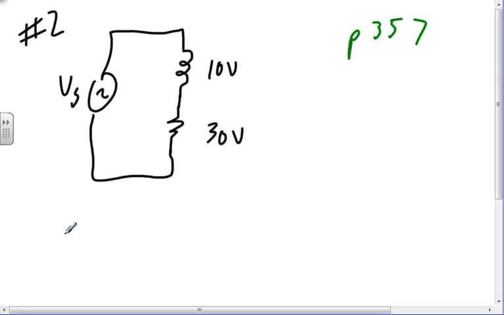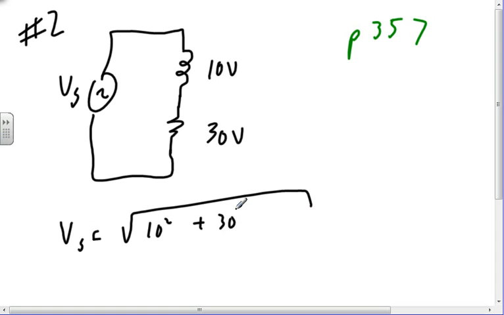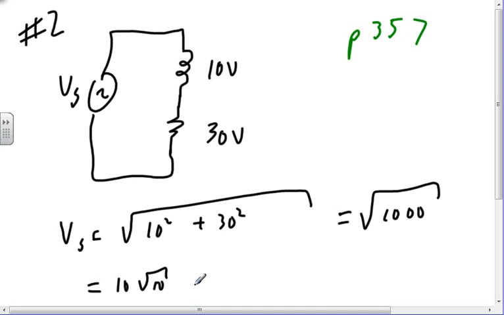Okay, so voltage source has to be the square root of 10 squared plus 30 squared. So that's the square root of 1,000, which is 10 times the square root of 10. And of course, we probably wouldn't keep it that way, right? So we probably say 31.6 volts. And then we say, well, what angle is it?